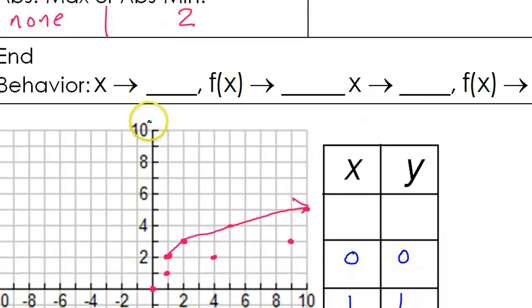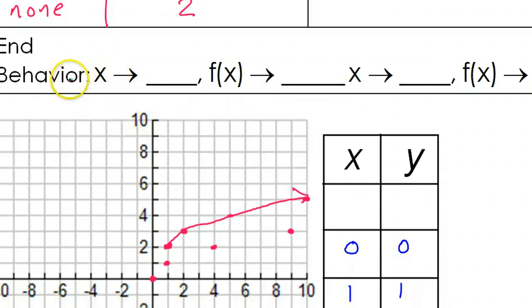What about the end behavior? Okay, as x approaches negative infinity, meaning as we go to the left, what happens to the y values? Well, the y values get closer and closer to this endpoint, which is at 2. So f of x approaches 2.